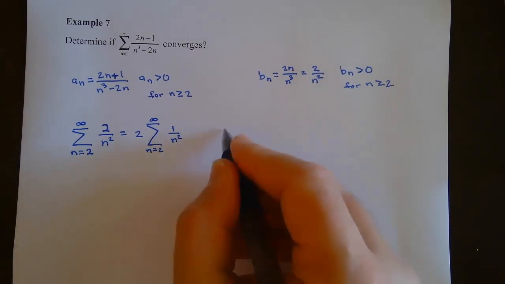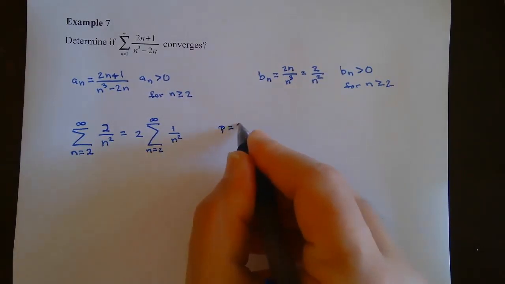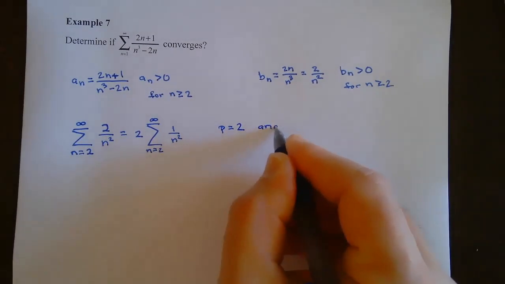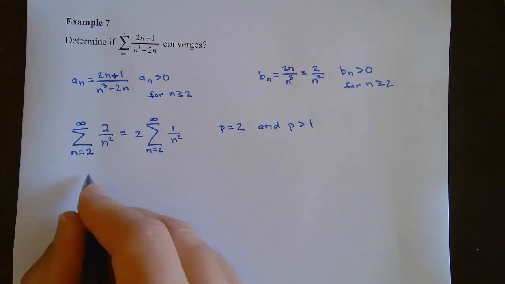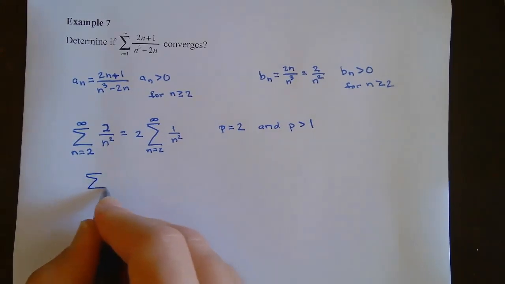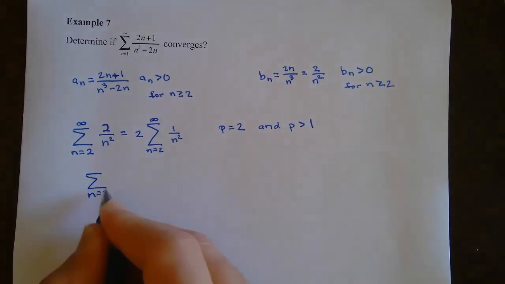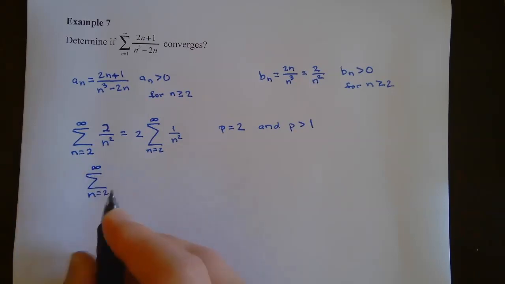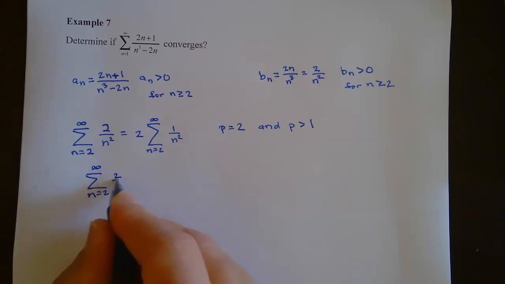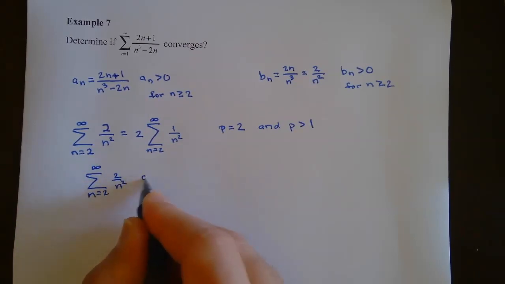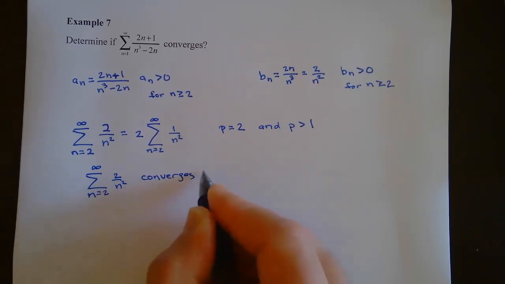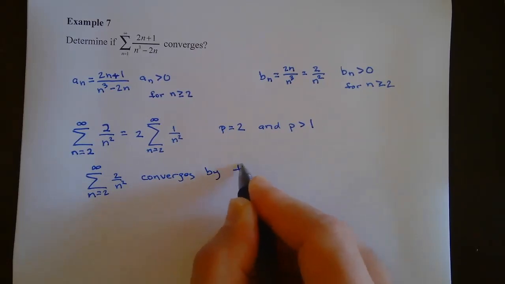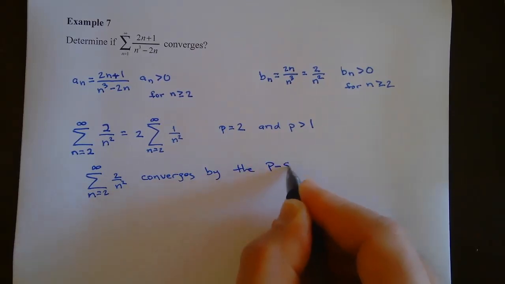And we know that p equals 2 and p is greater than 1. So we know that this series, n equals 2 to infinity of 2 over n squared, converges by the p-series test.